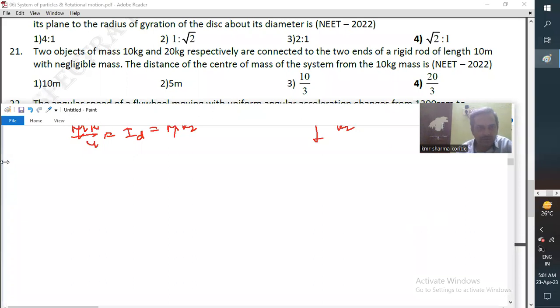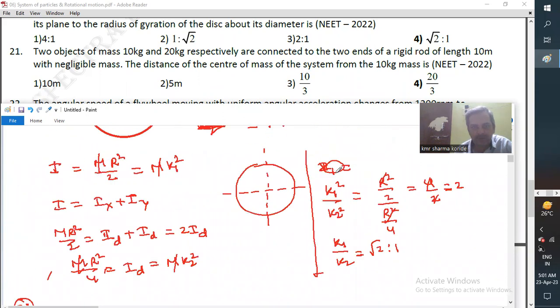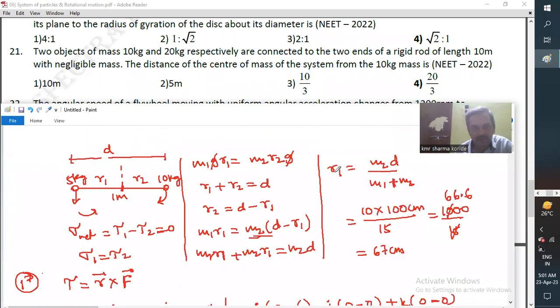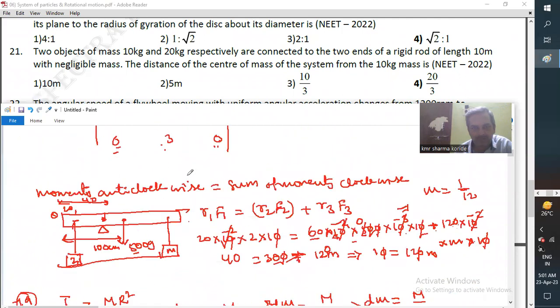Moving to question number 21. This was given in NEET 22. Two objects of mass 10 kg and 20 kg respectively are connected to the two ends of a rigid rod of length 10 meters. Find the distance of the center of mass of the system from the 10 kg mass. We got a similar question earlier. So get back the same formula: r1 is equal to M2 d by M1 plus M2.